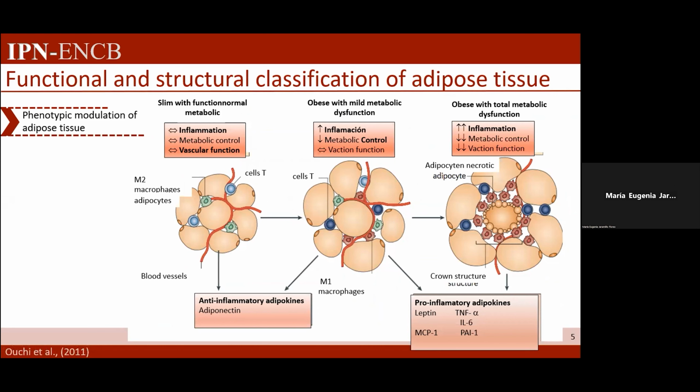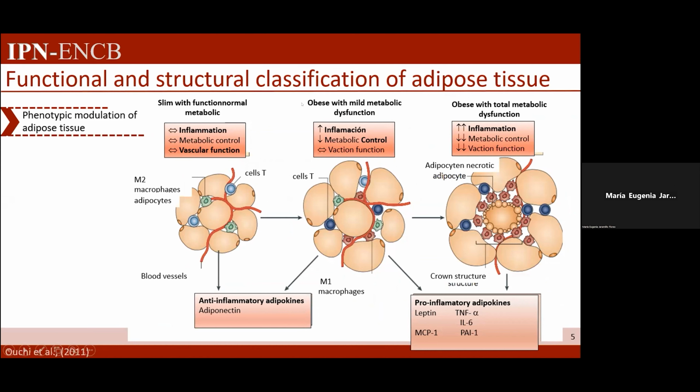You can see in this slide the different types of adipose tissue: slim with functional and normal metabolism, where there's no inflammation, and there's metabolic control and adequate vascular function.